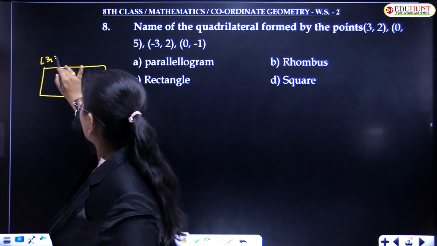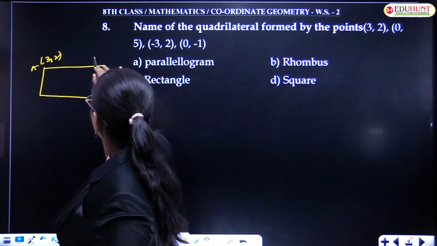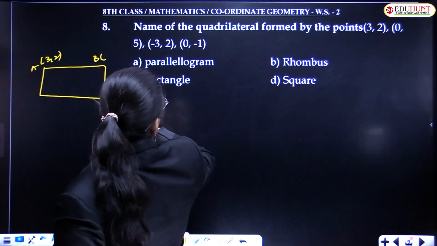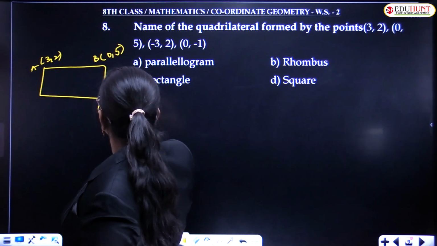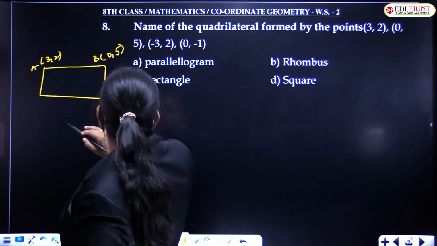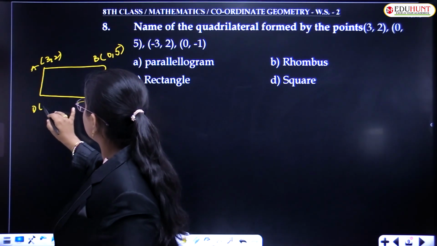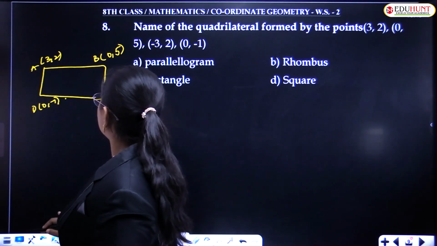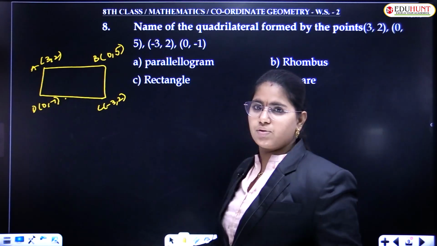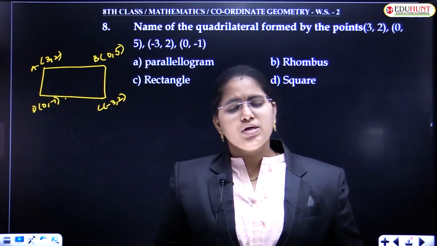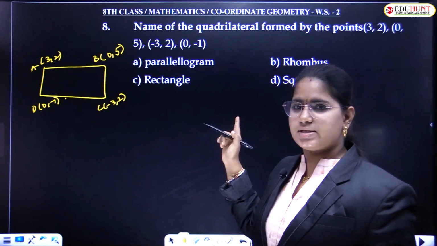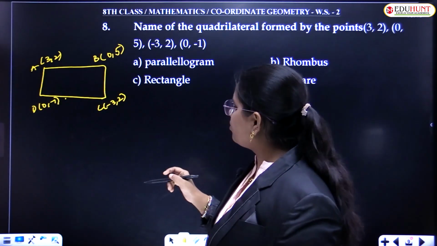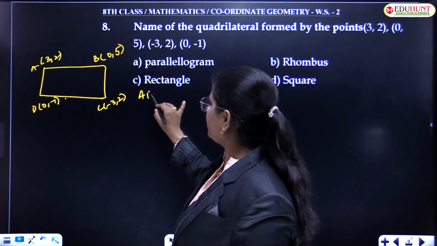A is 3, 2, B is 0, 5, C is minus 3, 2, and D is 0, minus 1. So let's start the problem without any delay. First we will calculate the AB length.